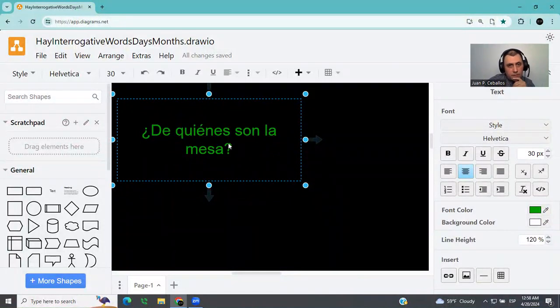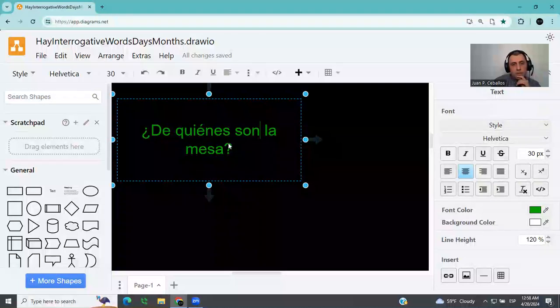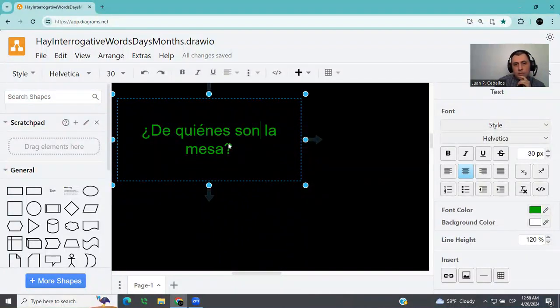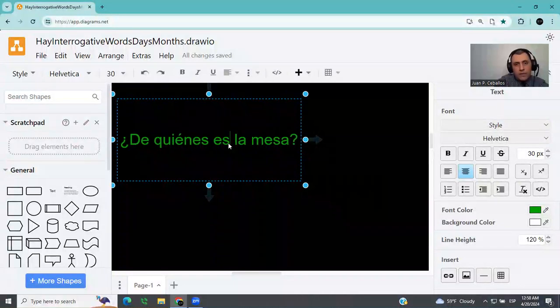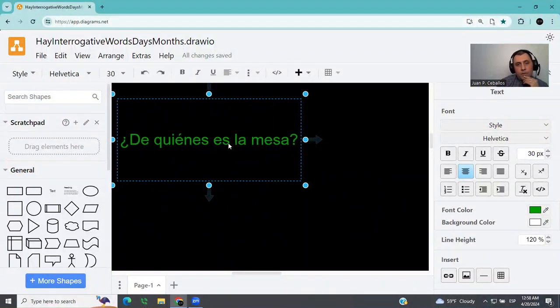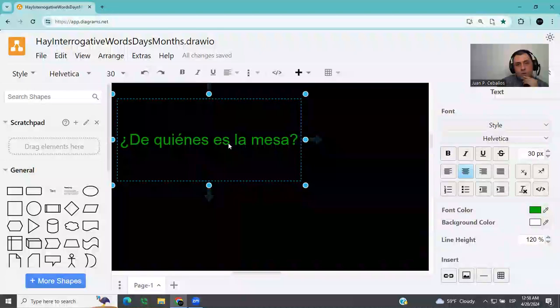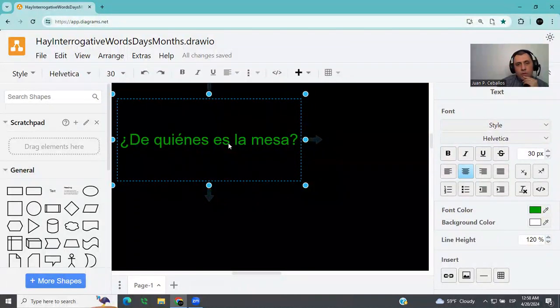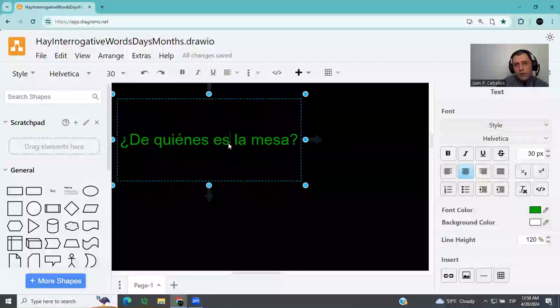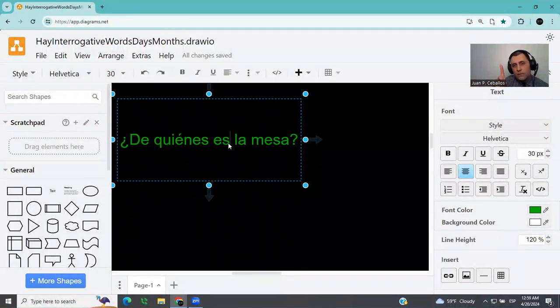De quiénes es la mesa, de quién es la mesa, quiénes. I can say it like this too, de quiénes es la mesa. So to whom the table belongs to. But when I say quiénes, I'm implying that the table belongs to several people. One table belongs to several people.